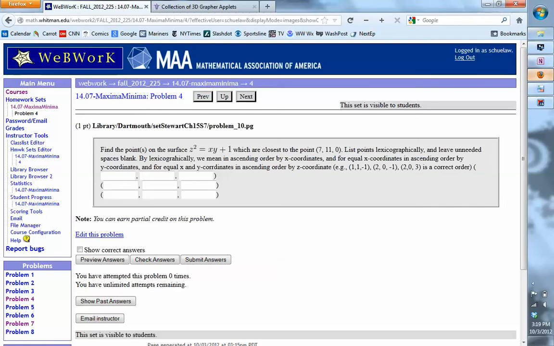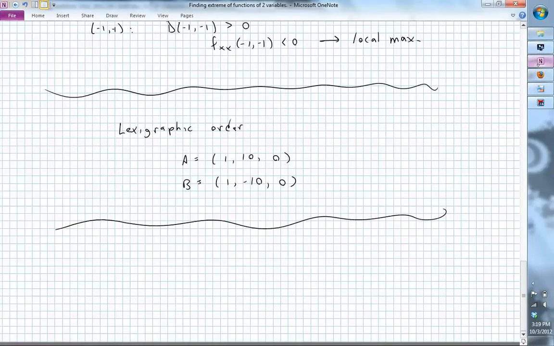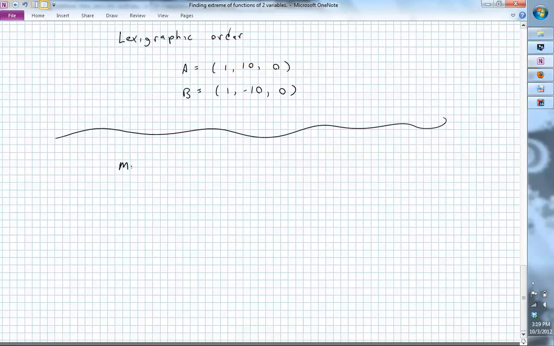And in this case, you're being asked to minimize distance. So what we want to first do is come up with a quantification of distance, the distance to 7, 11, 0. That's the thing that we want to minimize, right? So we want to minimize the distance to 7, 11, 0.